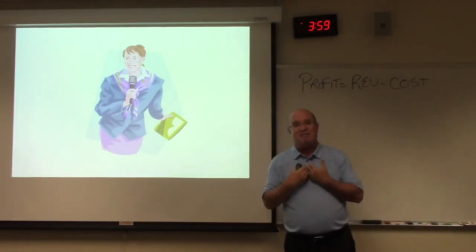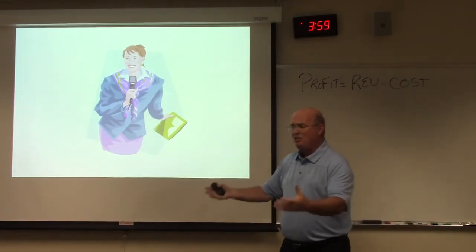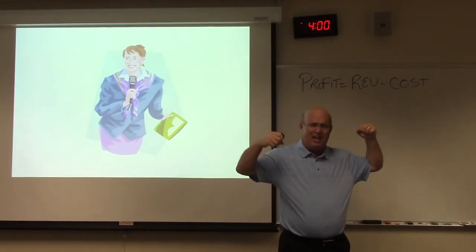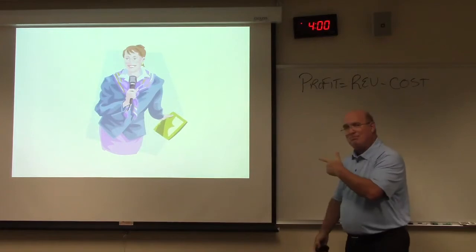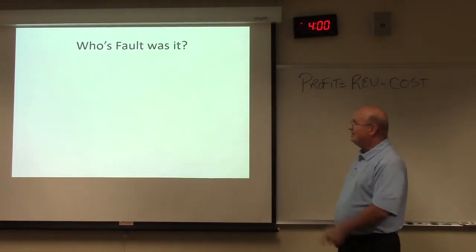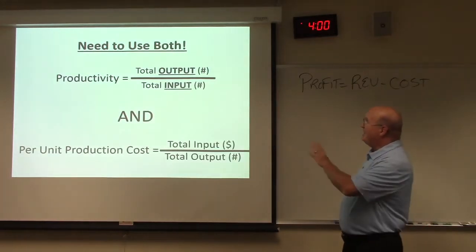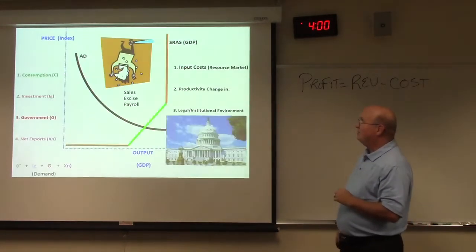As a matter of fact, I may even come in, because I'm now the regional manager, and I may come in, why are you doing this? You went ahead and cut productivity in half. This person gets the blame. Whose fault was it? Yep, it was me. We need to use both of them to see if something works.